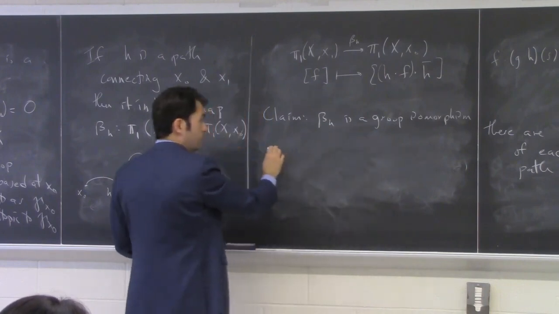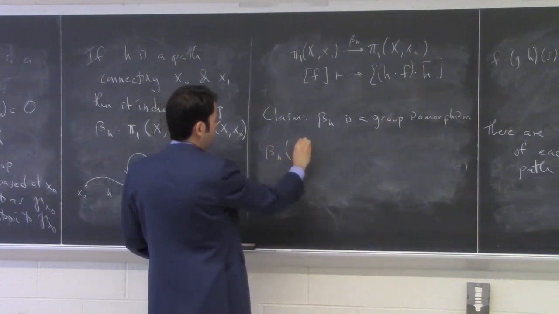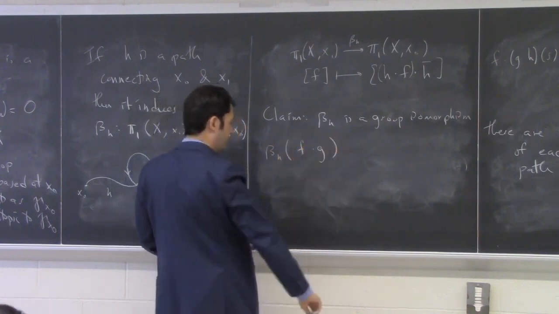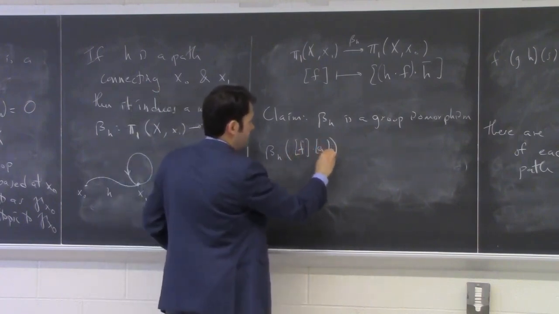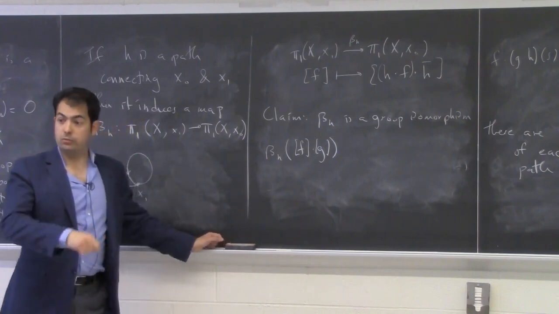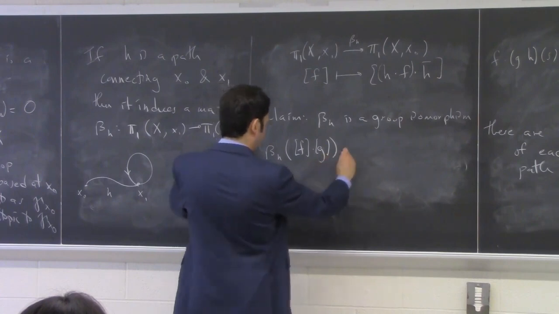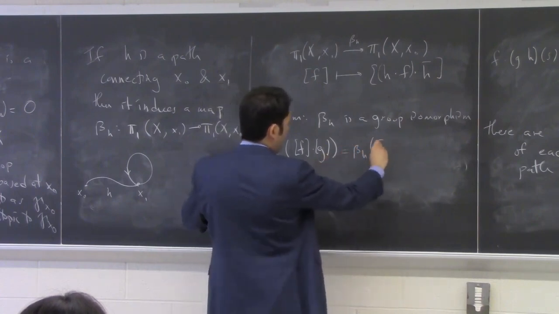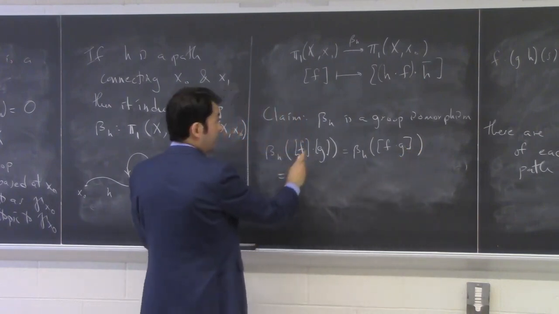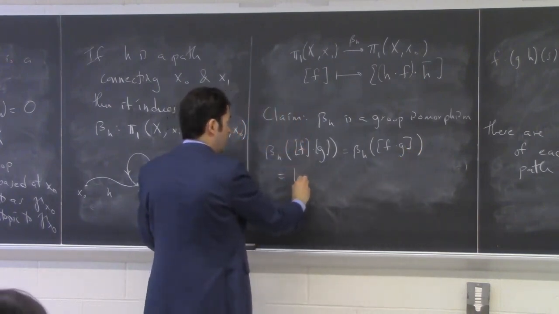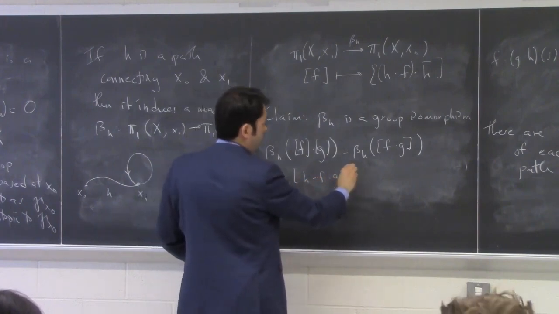So now let's go directly to group homomorphism. Let's see, if you have beta H of the concatenation of two equivalence classes of loops, on the one hand, this is beta H of that loop, and that, by definition, is the homotopy class of H dot F dot G dot H bar.